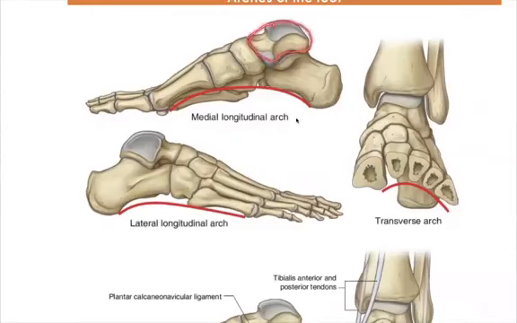The anterior portion of the talus is wider than the posterior aspect. So just think, when you do the dorsiflexion, the wider anterior aspect will get stuck in the ankle mortise, and you cannot move your foot. There will be no movement, and that's why it is the most stable.